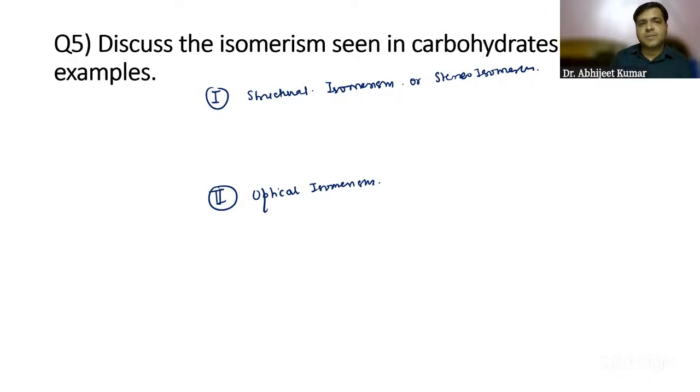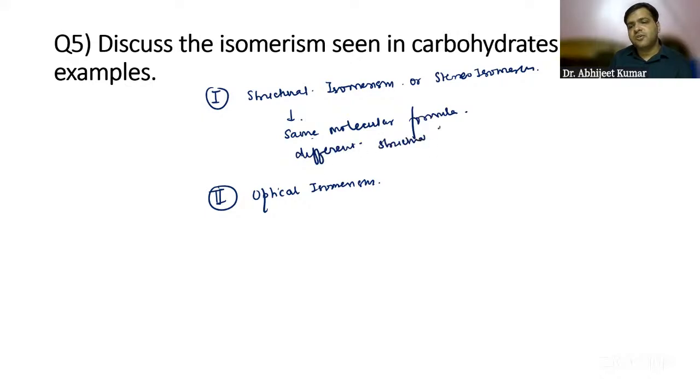In structural isomerism, we have the same molecular formula and different structural formula. About optical isomerism, guys, just try to remember it is the difference in rotation of plane polarized light.